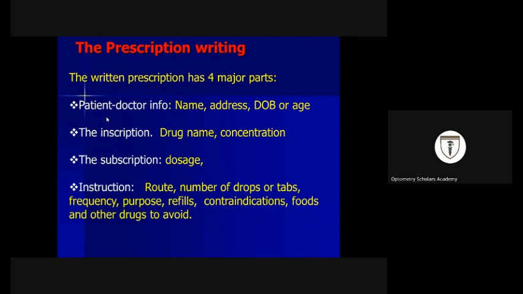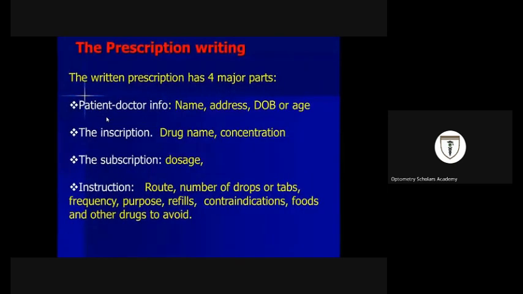Then the instruction is talking about the routes and number of drops or tabs. So maybe it's by mouth or by rectum, how frequent, the purpose, how many times to refill, if it's to refill every month for 4 months.